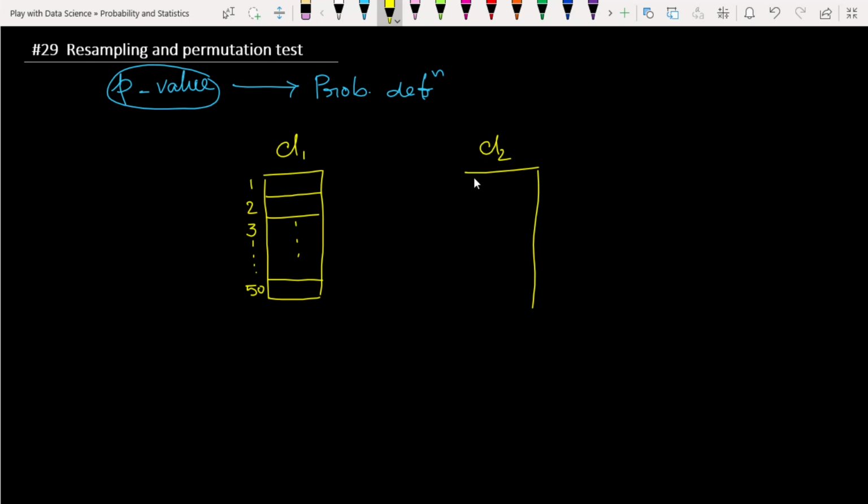Similarly for class 2, we have done this job for 50 students. Suppose it's any value; I'm not interested in the value, it's the height.